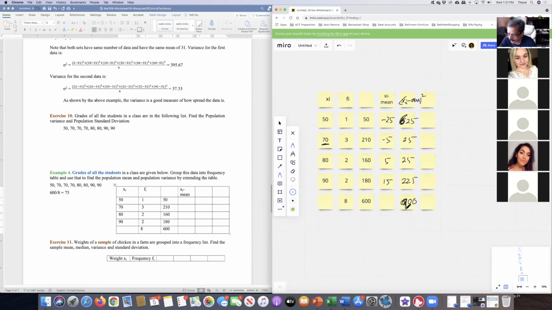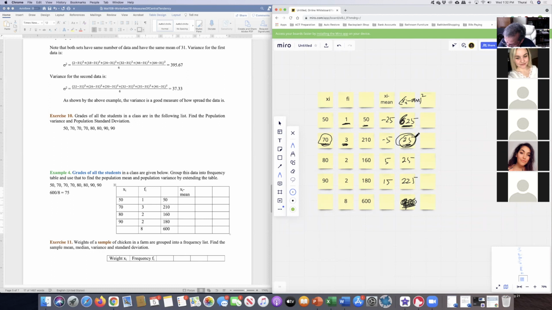Okay, 900. I'm sorry, no, I made a mistake here. Anybody recognize the mistake? I shouldn't be adding these. I need to calculate one more column, because in xi minus mean squared, this 625 is there 1 time, and this number is there 3 times, isn't it? The frequencies. Remember, the 70 is there 3 times, so this is going to be there 3 times in the actual list.